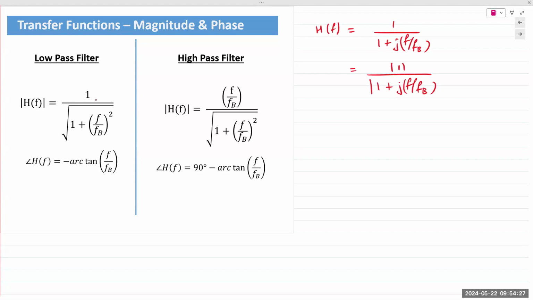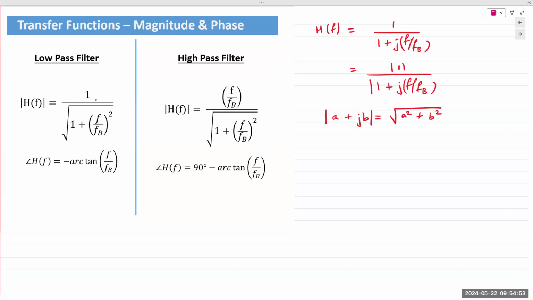A complex number can be represented trigonometrically as a right angle triangle. So if you have a plus jb as a complex number, the magnitude of a plus jb is given by the hypotenuse, Pythagoras theorem: square root of a squared plus b squared.